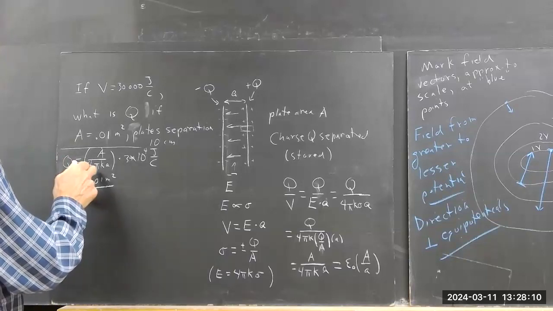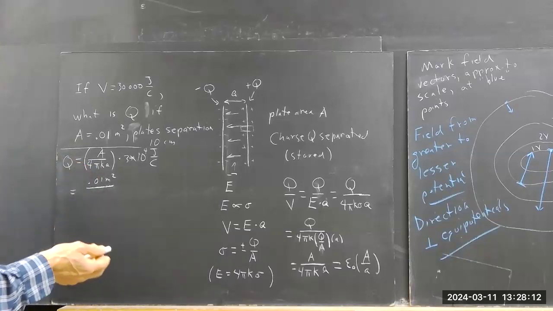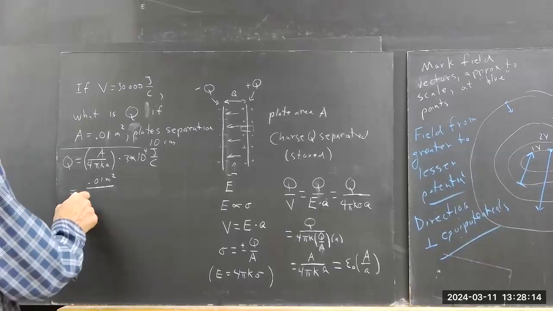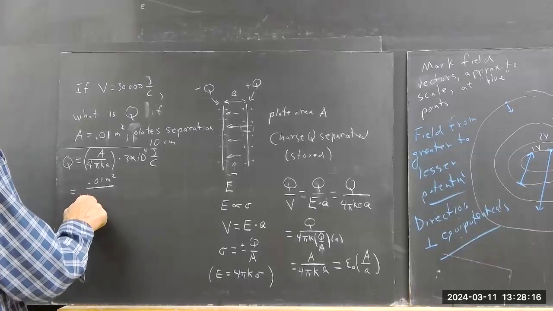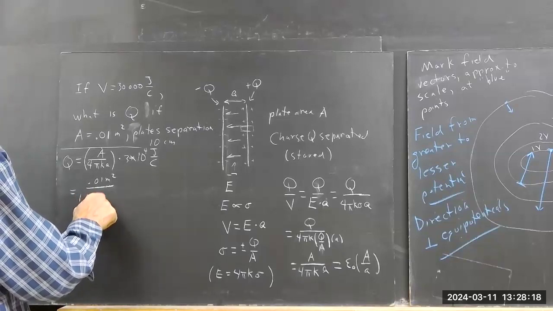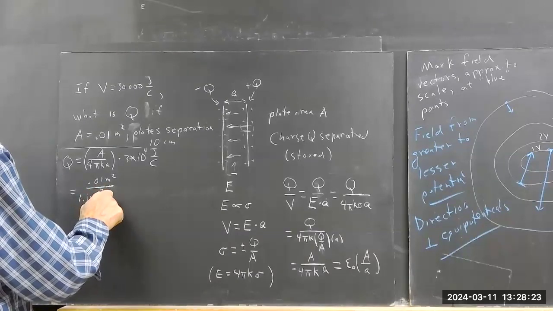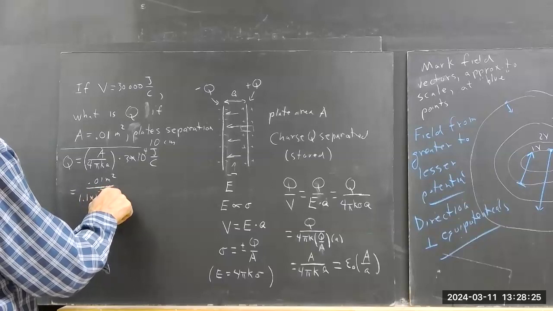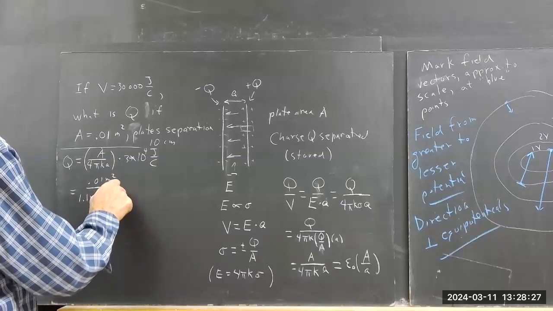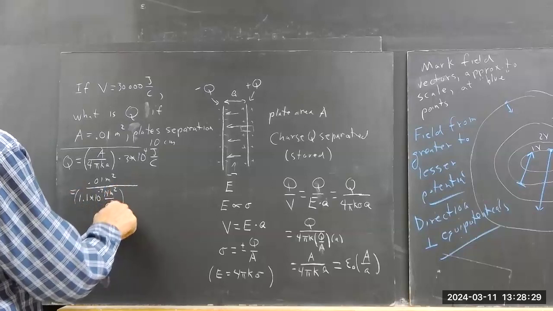You multiply that by 4 pi, which is about 12.5, and you get about 1.1 times 10 to the negative 7 Newton meters per coulomb squared.